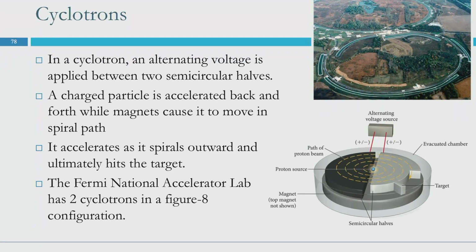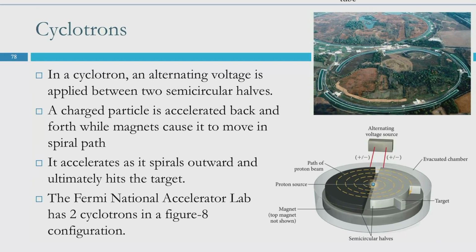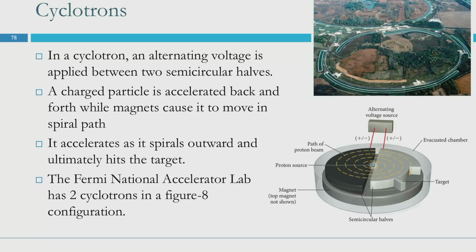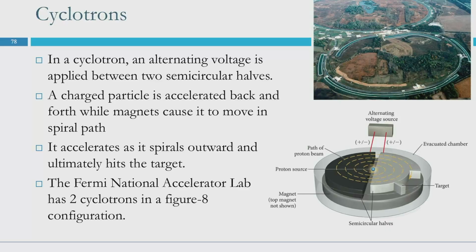You can also use a cyclotron. I'm not sure what the tron part is, but the cyclo seems to be cyclical. So in a cyclotron, you've got two halves. So instead of doing it in a straight line, we're making it into a circle, essentially.